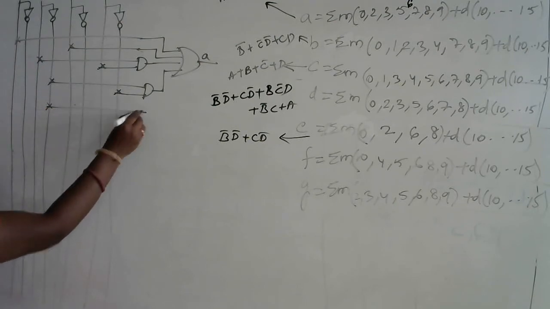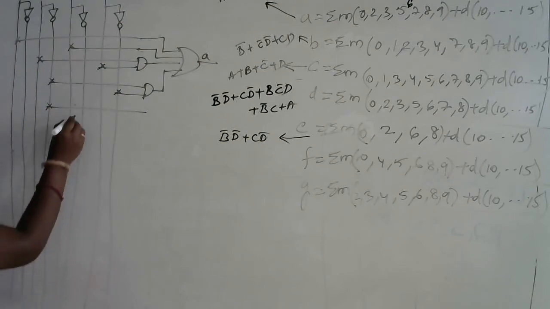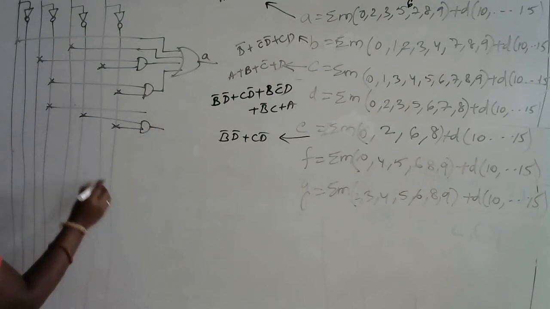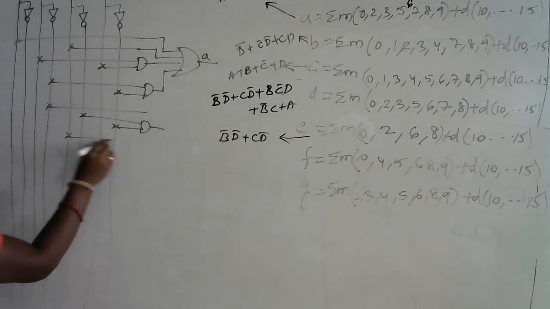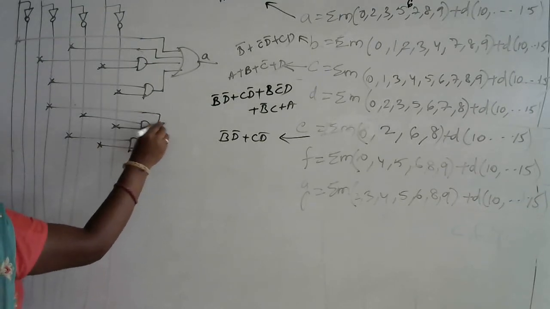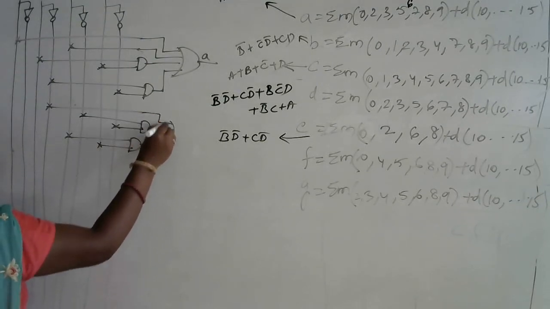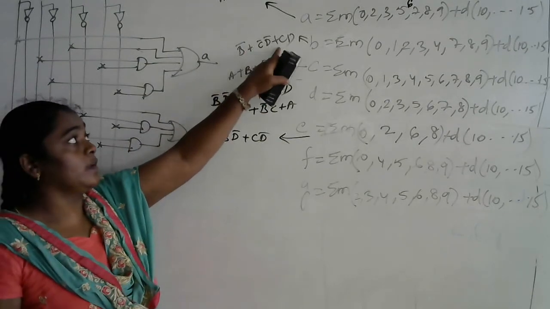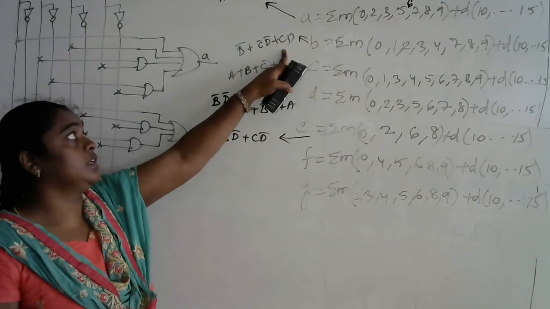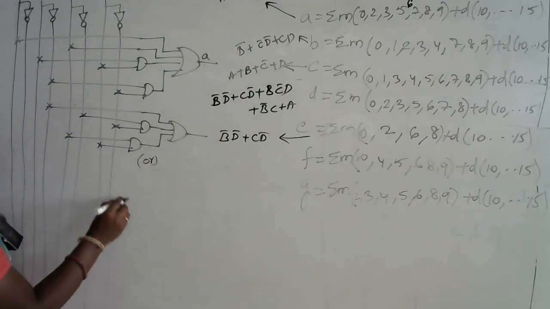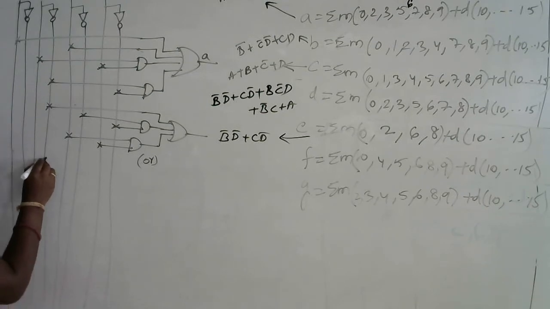Similarly for B bar. This is for B bar. C bar, D bar, AND gate. C, D, AND gate. All these three should be connected with an OR gate. Or in other words, we know that C bar D bar plus CD is C XOR with D. So the other way which you can draw is take B bar.